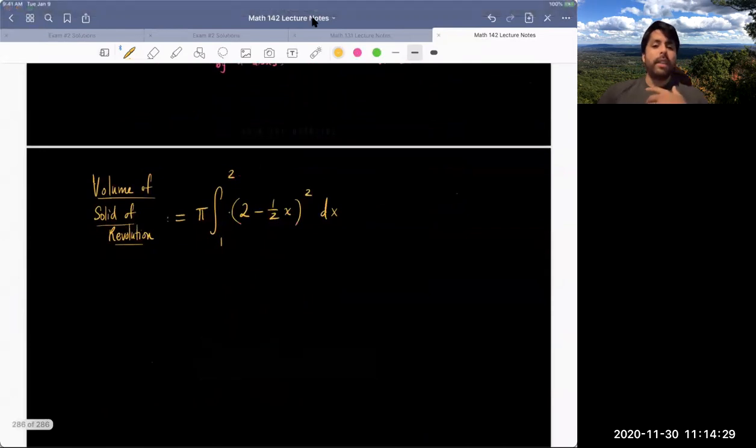Now, do you guys see that the setup is the most important part? Because I'm pretty sure you guys are more comfortable now with integrating. The integration aspect is the more technical aspect, which is something that we've done a lot of. We've done integration with u-substitution, with trig, with all of these different techniques, correct?